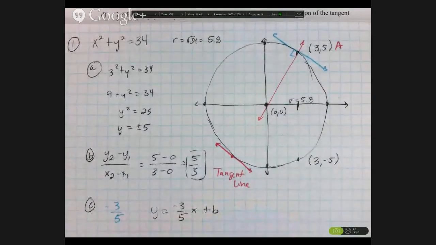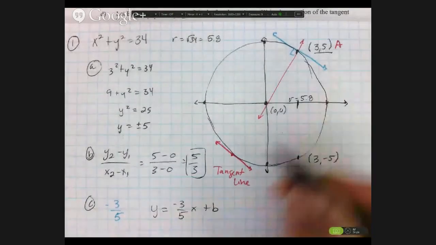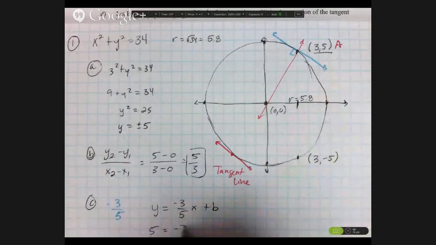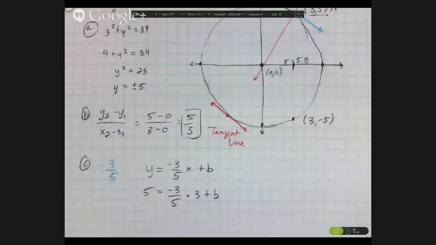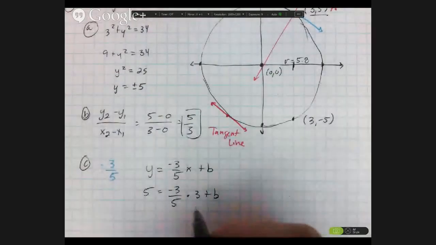You can insert it along with a point. We'll just use 5 equals negative 3/5 times 3 plus b. We solve that equation.